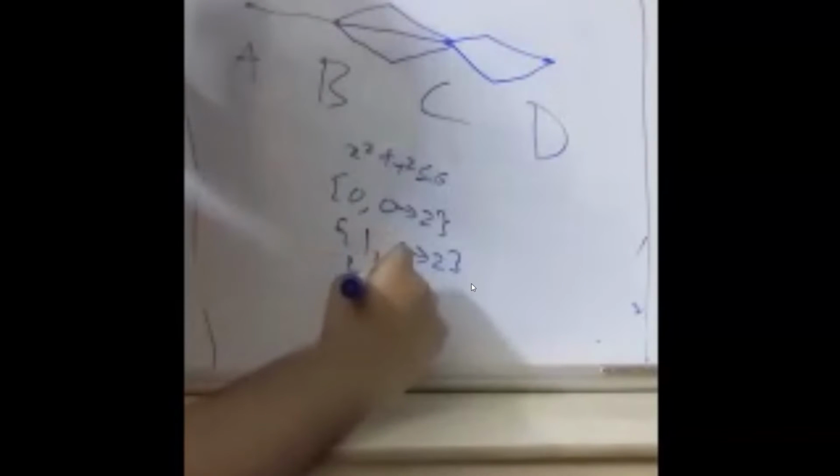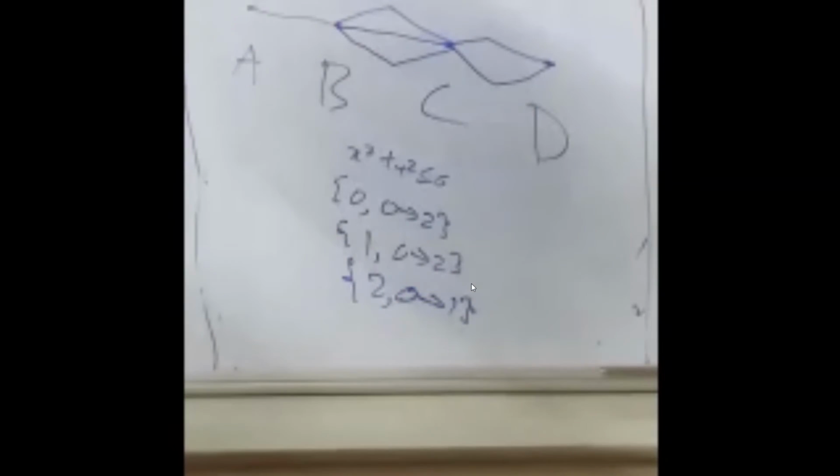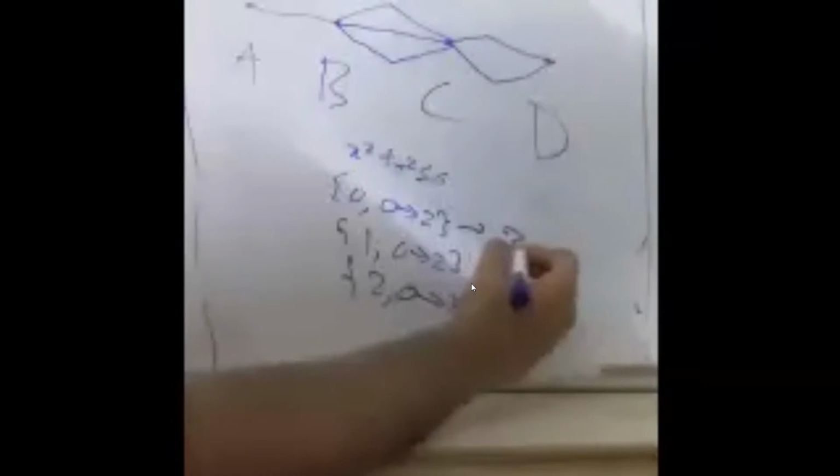If we had x as 2, y could only be 0 and 1, because 2 square plus 2 square is 8, which violates the given condition. And x couldn't be 3, because then the sum would be at least 9. So we have 3 combinations from the first, 3 from the second, and 2 from the third. So it's 3 plus 3 plus 2, and that's 8. Now, is it clear why we are adding here and not multiplying?